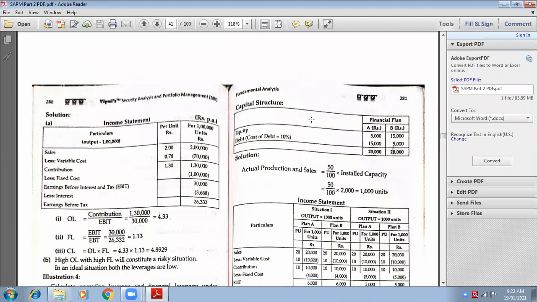This is just a partition of capital structure into two parts, financial plan A and financial plan B. That's it. Equity is given according to plan A and plan B. See, an option has to be chosen. You need to choose whether to take plan A or plan B and whether to choose situation 1 or situation 2.